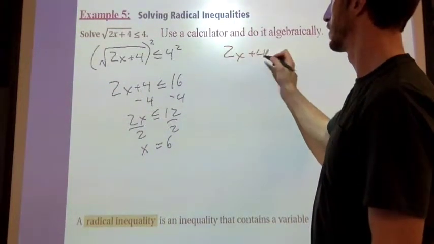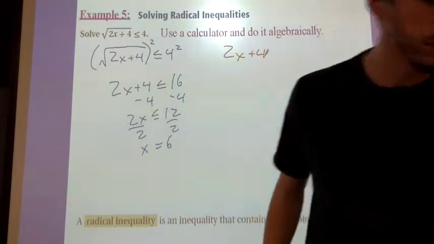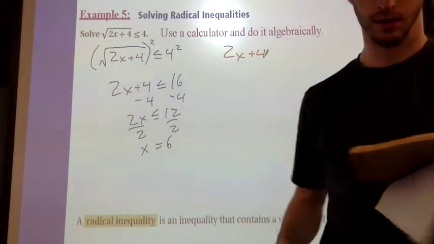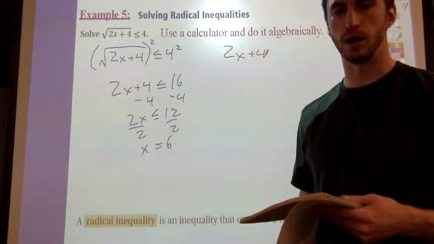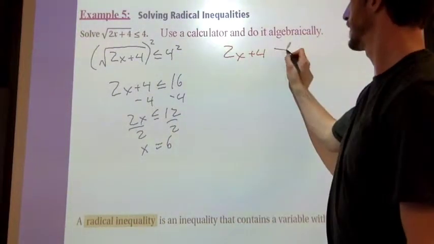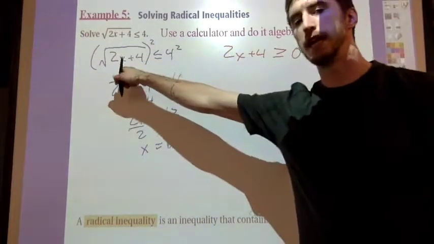2x plus 4, and we are going to set that greater than or equal to 0, because the values cannot be less than 0. We cannot have a negative radicand.